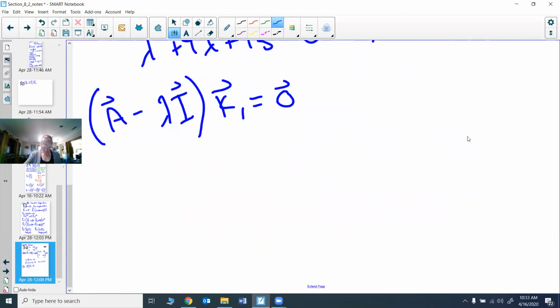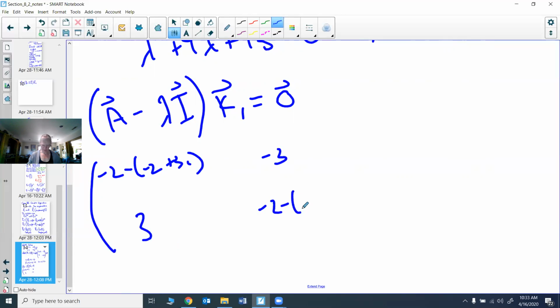We actually only work with the positive one when we do these, because they're already conjugates, they will work out okay for us. So we're just going to do the -2 minus -2 plus 3i, and then -3 and 3, and then -2 minus -2 plus 3i.